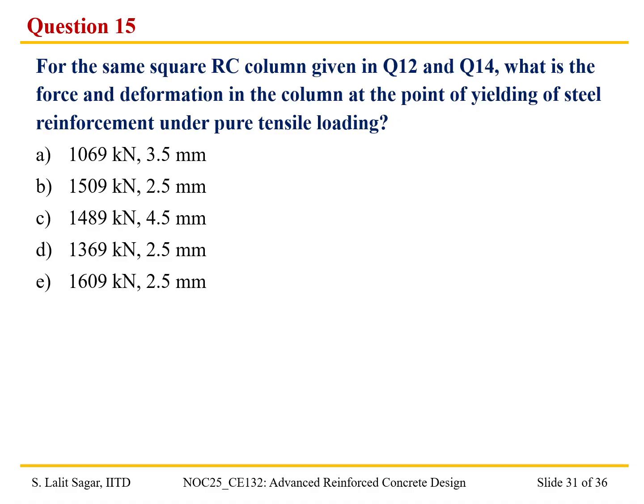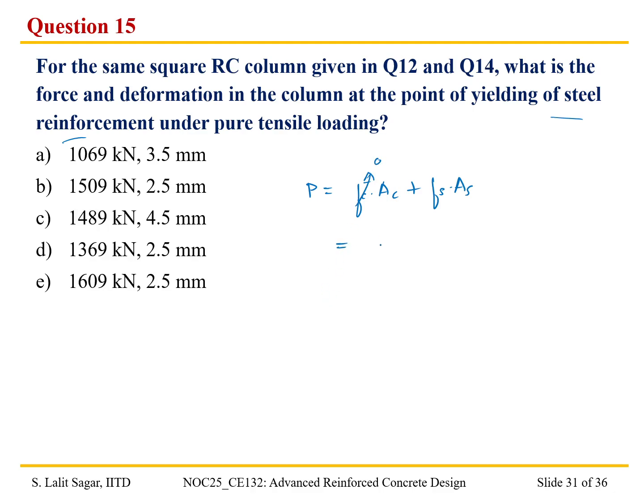Now, what is the force and deformation in the column at the point of yielding of the steel reinforcement? Okay, again, we'll start with the governing equation very quickly. P is equal to Fc into AC plus Fs into As, right? So we know that once the cracking has occurred, we are going to neglect any resistance provided by the concrete, okay?